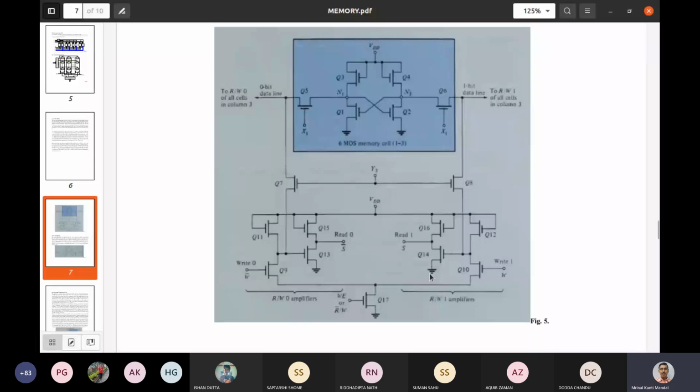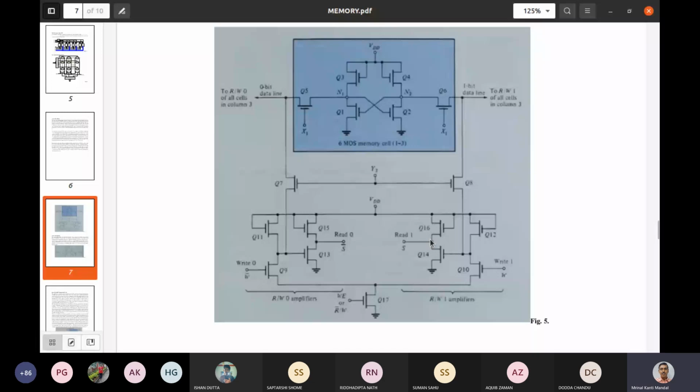So when this line is grounded, that means this voltage is equal to its supply voltage. So that means it is 1. When node N2 is at low voltage, that's when this one is conducting. This indicates that this voltage is high, because it is effectively connected to the ground.